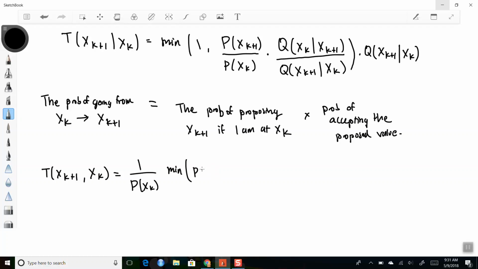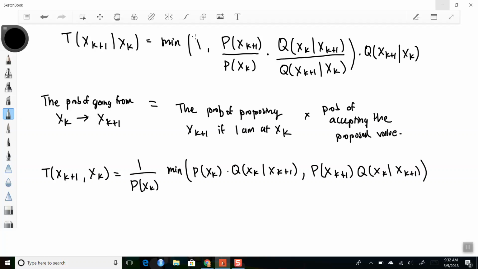So 1 is going to be the probability of x_k times q of x_k given x_{k+1}, and the probability of x_{k+1} times q of x_k given x_{k+1}.